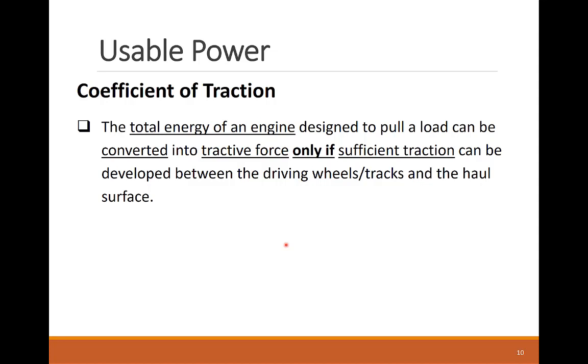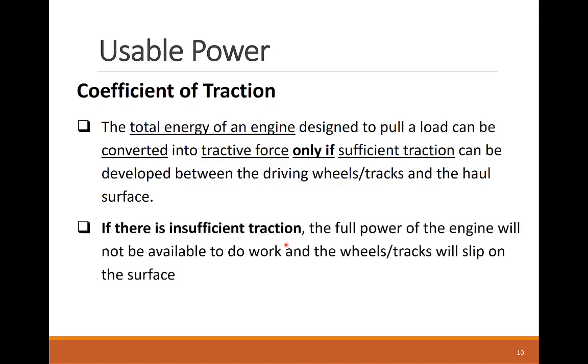The rim-pull will be fully usable if the traction is sufficient and will not cause the wheel to slip. Even if you have the most efficient equipment with the strongest engine, driving on a slippery road with lower traction will limit how much power you can use to move a load.